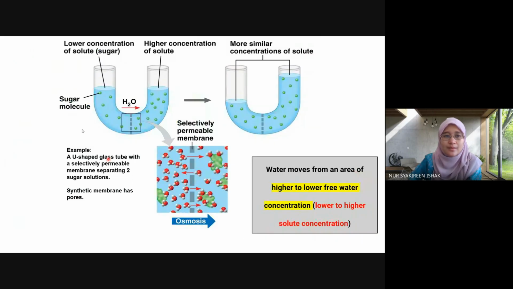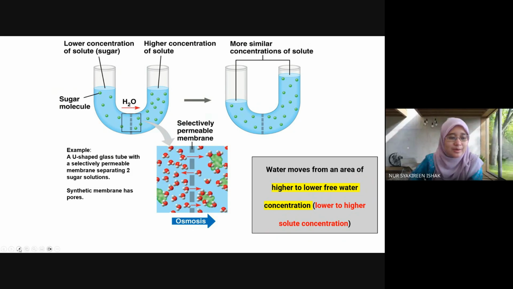So let's look at this U tube here. This U-shaped tube is divided into two regions with the presence of a selectively permeable membrane in between the two solutions.